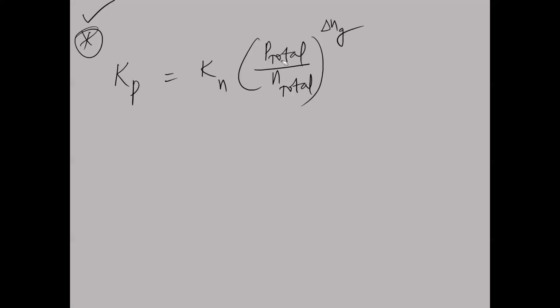That means P total by N total: total pressure of the gaseous mixture by the total number of moles of the gaseous mixture, whole power delta Ng. If you take this one, it will be easy.